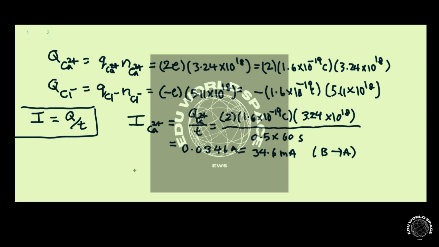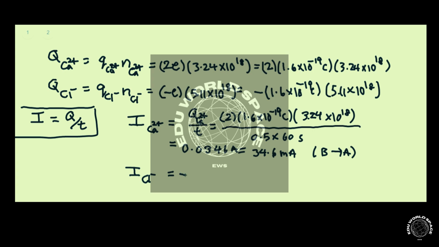Now, we have to be a little more careful when we calculate the current associated with the Cl-, because the current is defined in the direction of positive flow, but these charges for Cl- are negative. So when we have a negative charge flowing in one direction, it's as if we have a positive charge flowing in the opposite direction.